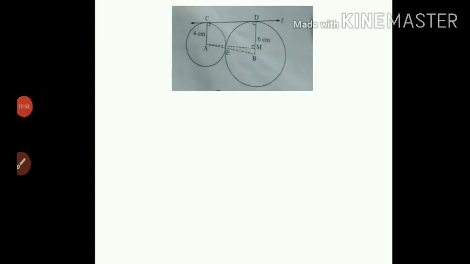Now see AB. AB will be AE plus EB, that means 4 plus 6. AE is 4 and EB is 6, total will be 10 centimeters. So now I got AB as 10.